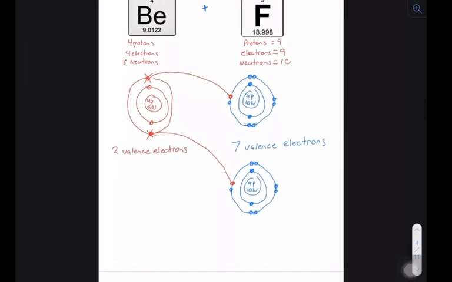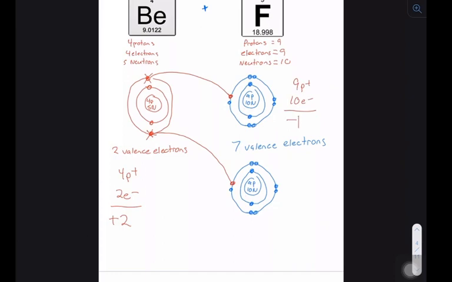So when beryllium loses its 2 electrons, it has 4 protons, 2 electrons. So it has an overall charge of +2. Fluorine, of course, just gains 1, so it would have 9 protons, 10 electrons for an overall charge of -1.